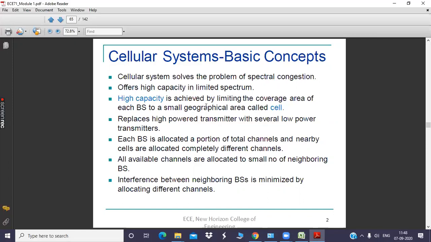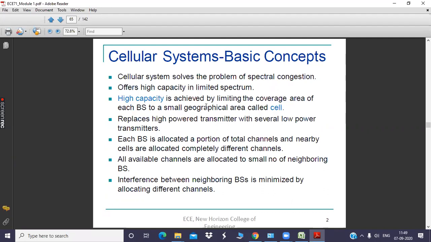Just read the third bullet. High capacity is achieved by limiting the coverage area, but to optimize one parameter, engineers are forced to compromise on another parameter. That is nothing but your coverage area. So we are forced to reduce the coverage area. What will happen if coverage area is less? With the available transmitting antenna mounted over the tower, we will not be able to provide service to a few mobile users beyond that particular coverage area.